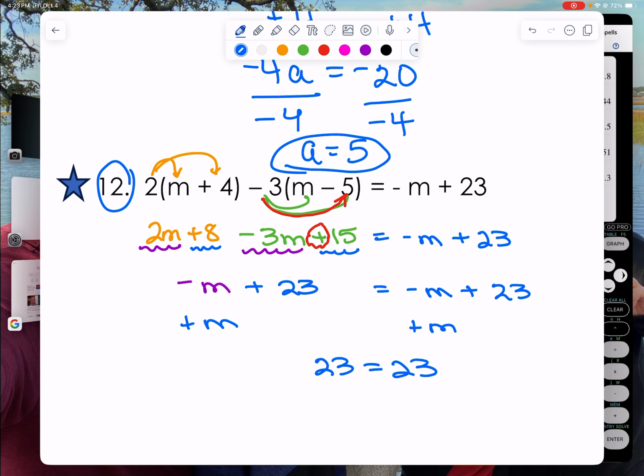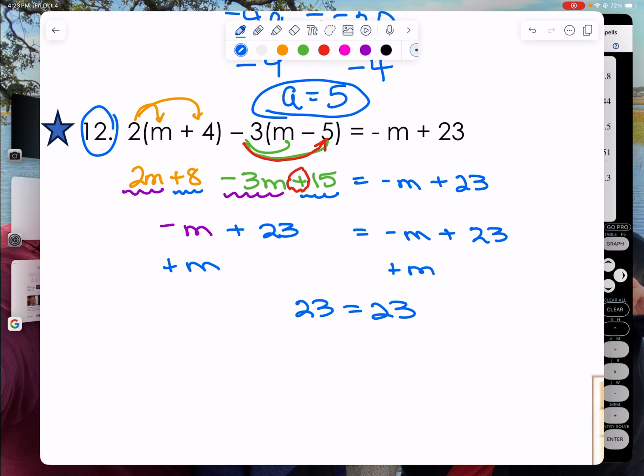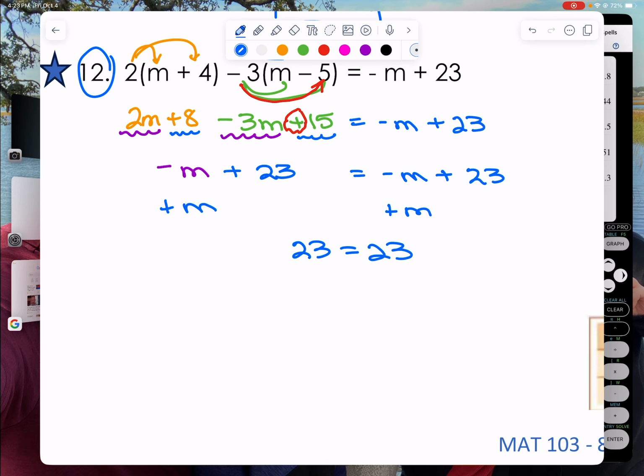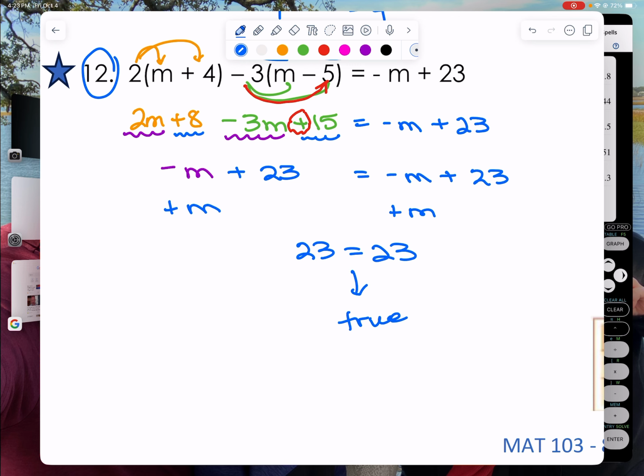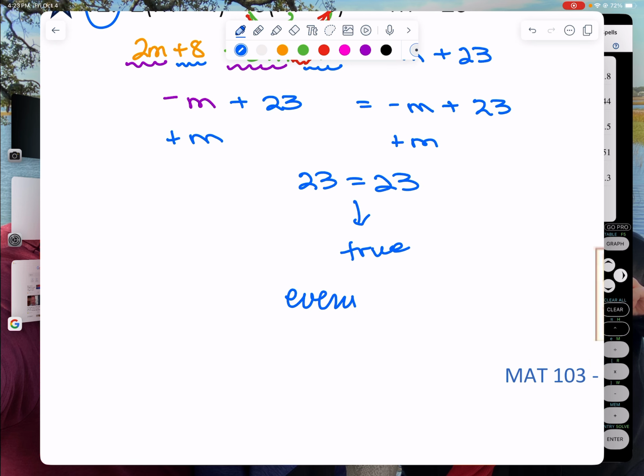So when you wind up with the same number, that means it doesn't matter what number you put in there for m, everything's going to cancel, and you're always going to get a solution. So that means, since this is true, when it's true, that means everything works. Everything works.